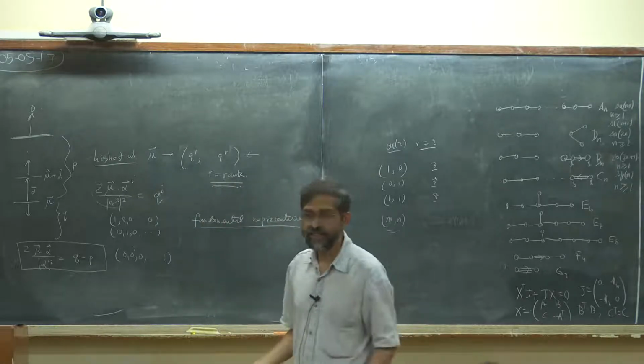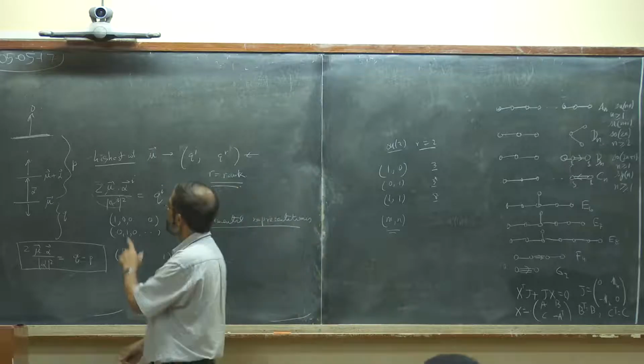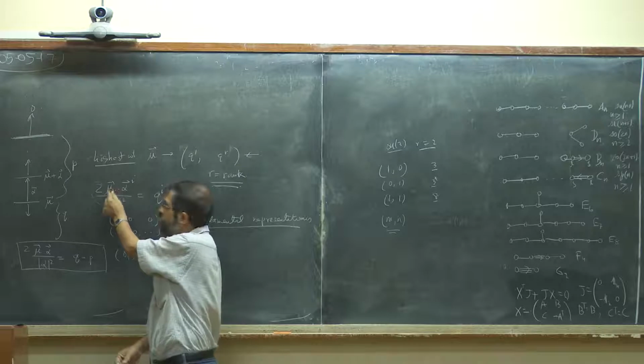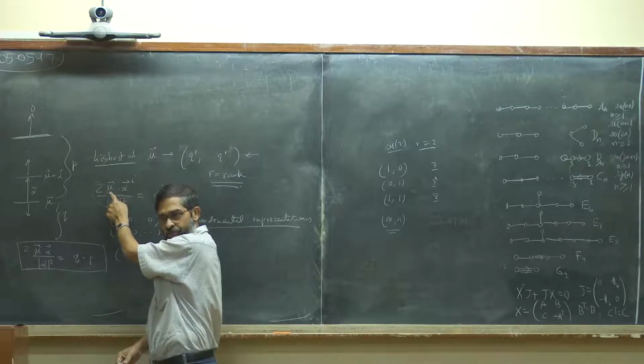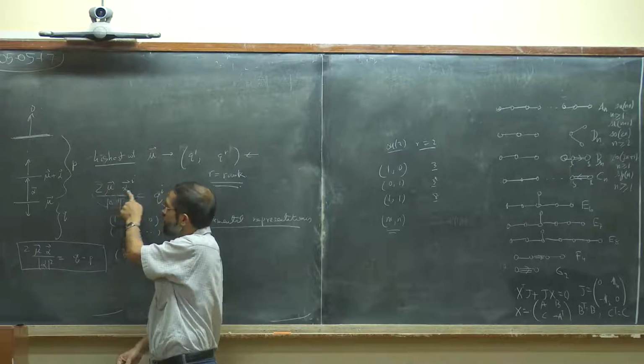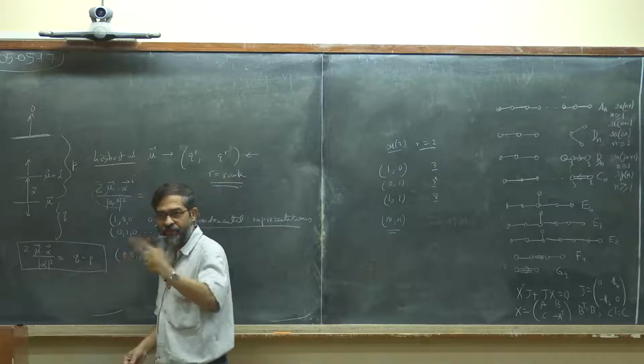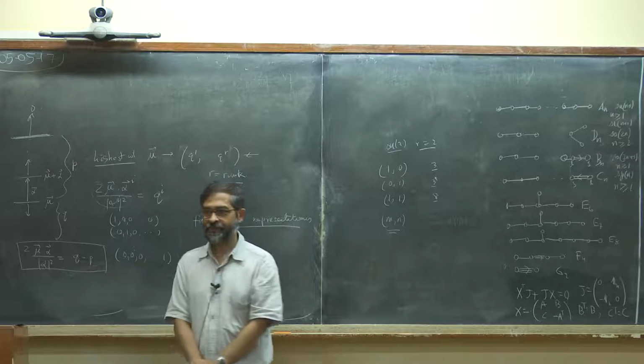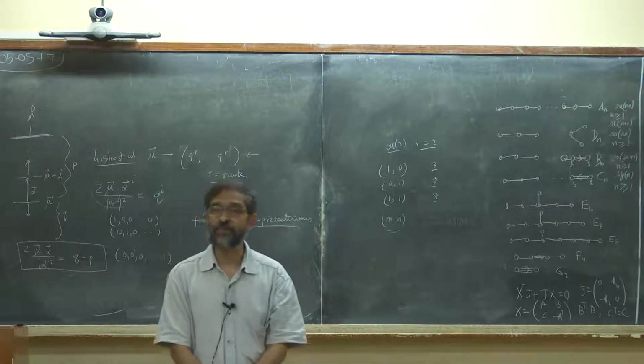Now you might ask, is there another lattice whose points, when dotted with the basis vectors of the original lattice, give you integers? That thing is called a dual lattice.